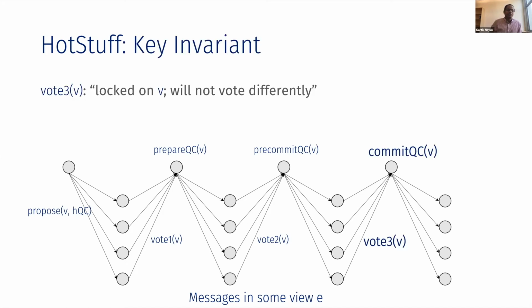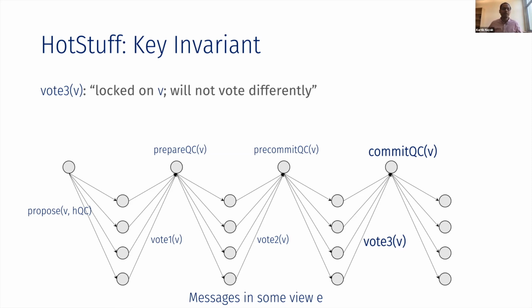An important step in this process is the last round of votes. If I commit because I obtain a commit QC, then I have this guarantee from sufficiently many replicas, in particular 2t plus 1 replicas who have performed vote 3. They're now responsible for guarding the safety of my commitment.